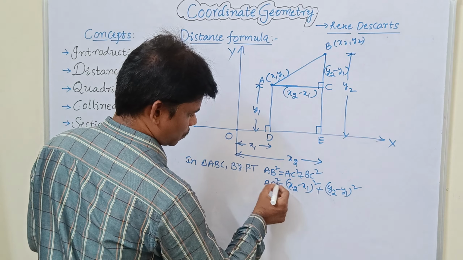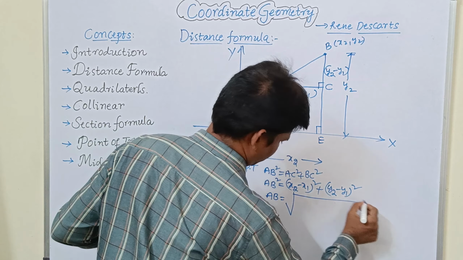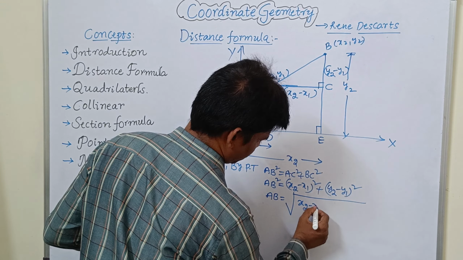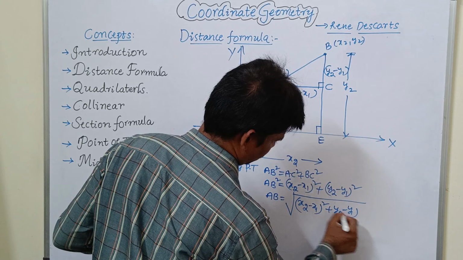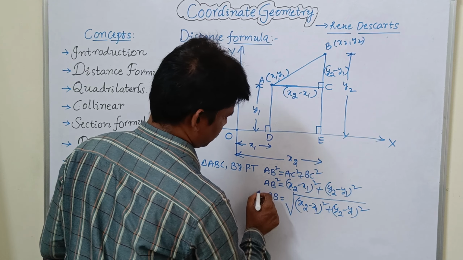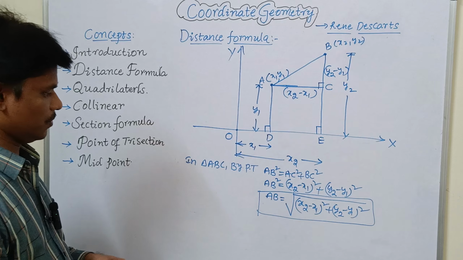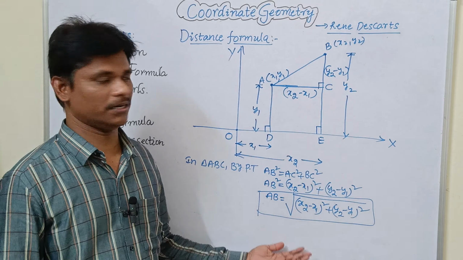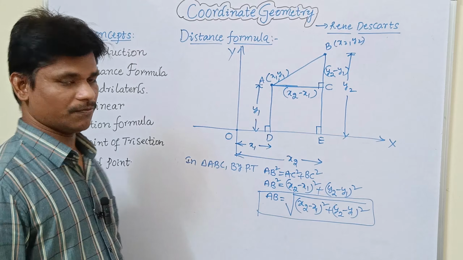Then transposing the square to this side, AB is equal to the square root of (x2 minus x1) whole square plus (y2 minus y1) whole square. This is the distance between 2 points. By using this formula, you can find the distance between any 2 points. This is the distance formula.